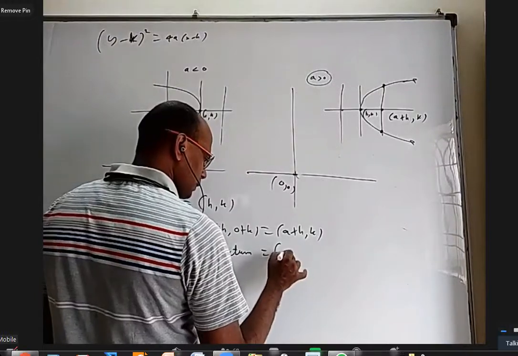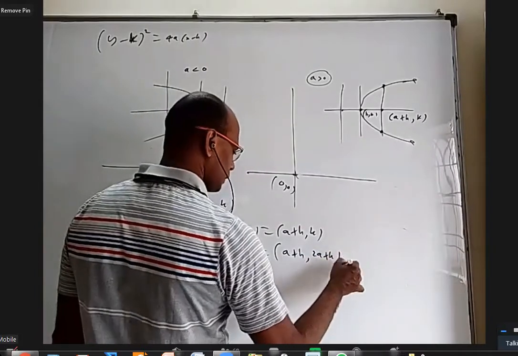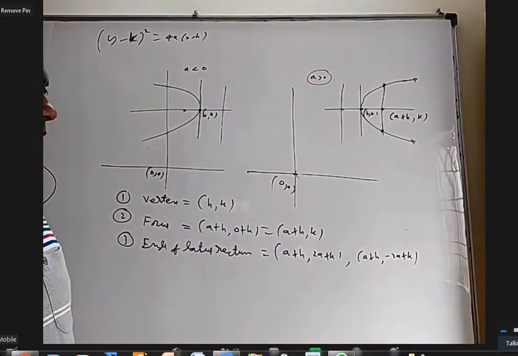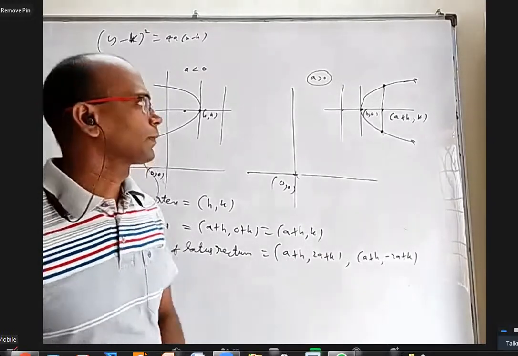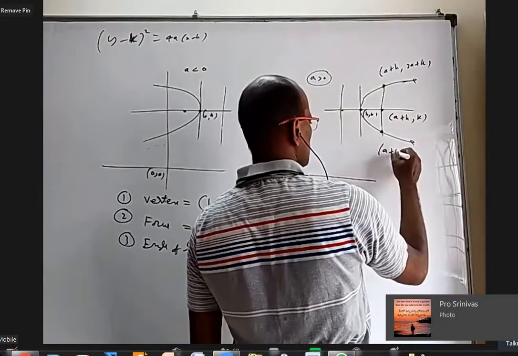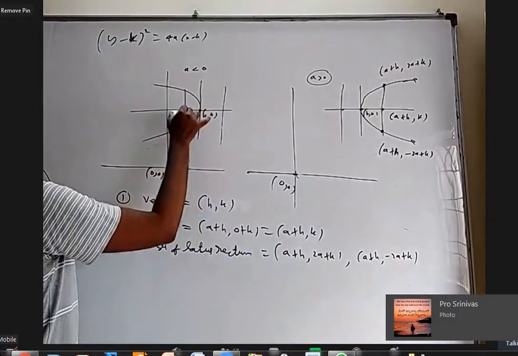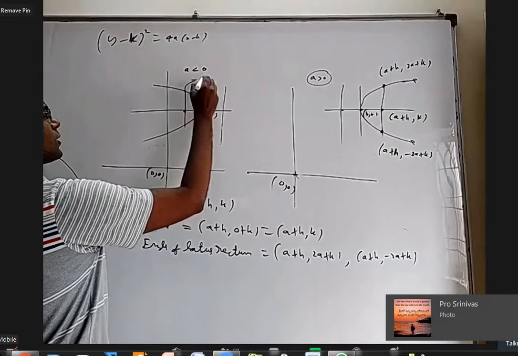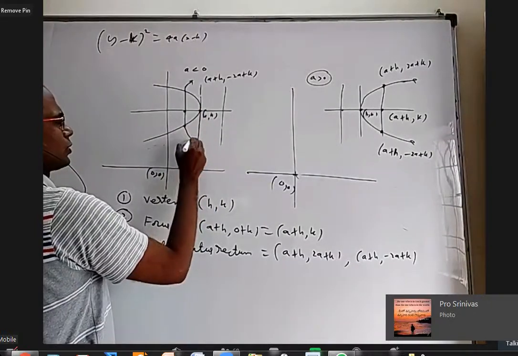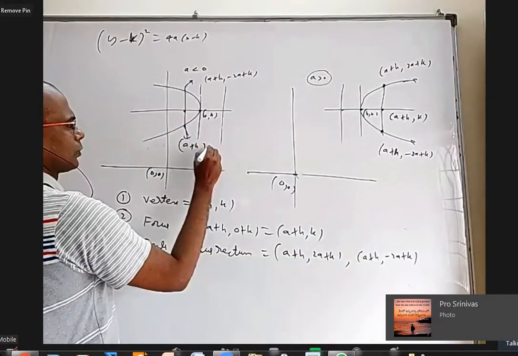Earlier it was a comma 2a and a comma minus 2a. Now we have to add h and add k. So this is a plus h comma 2a plus k, and this is a plus h comma minus 2a plus k.